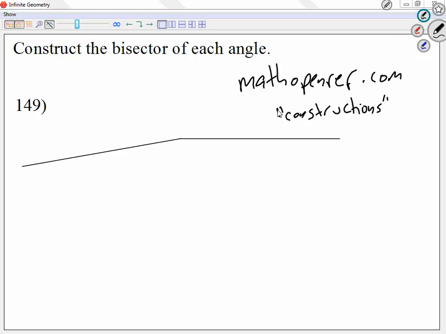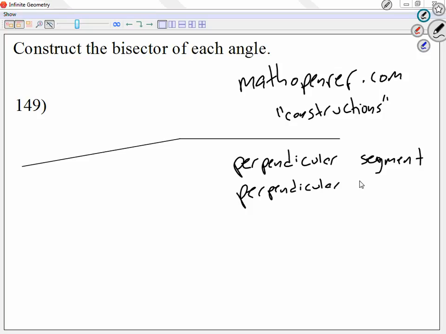Make sure you guys know how to do perpendicular segment and perpendicular bisector.